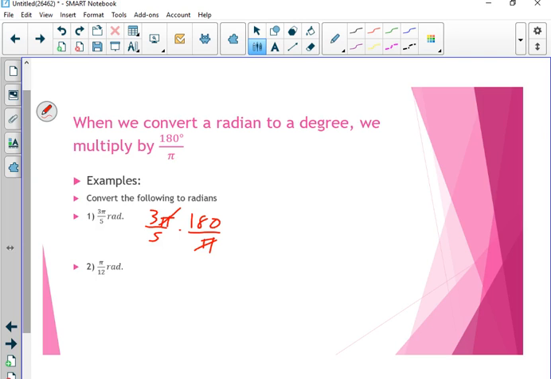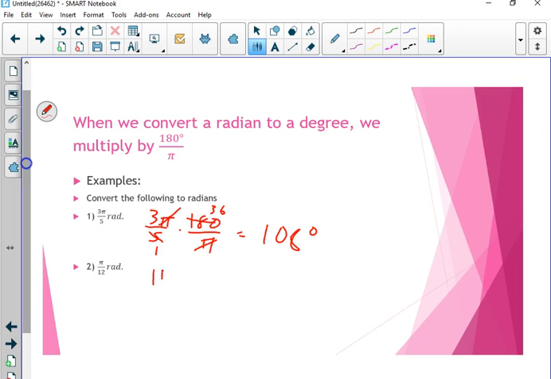We can reduce, whatever we want to do. If you have a calculator, you can simply type in 3 times 180 divided by 5, which is 108 degrees. Now remember, if you wanted to, you could have done 180 divided by 5 first, cancel, and got 36, and 3 times 36 is 108.